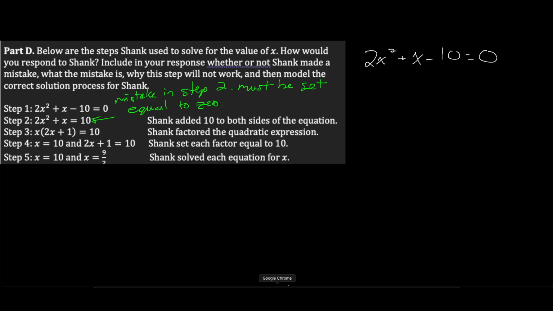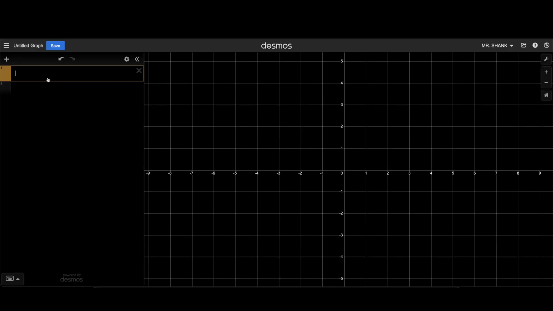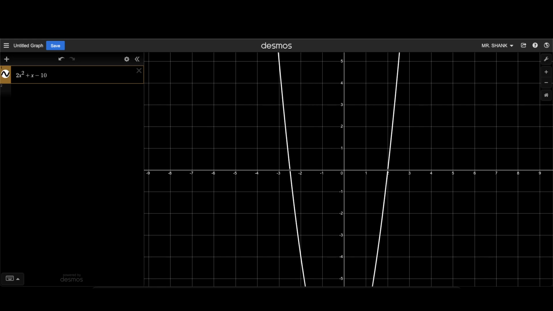So I have 2x squared plus x minus 10. At what 2 points do we have our x values?